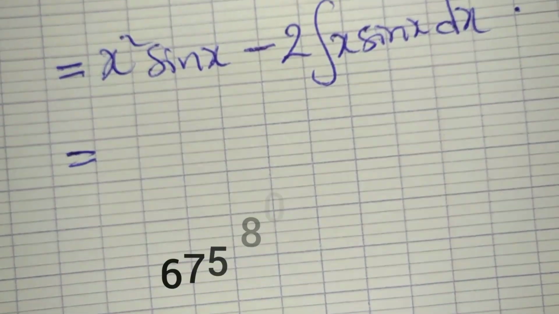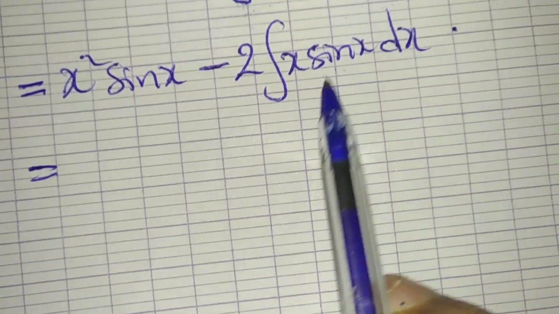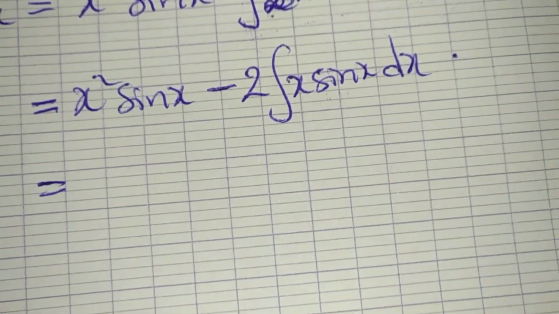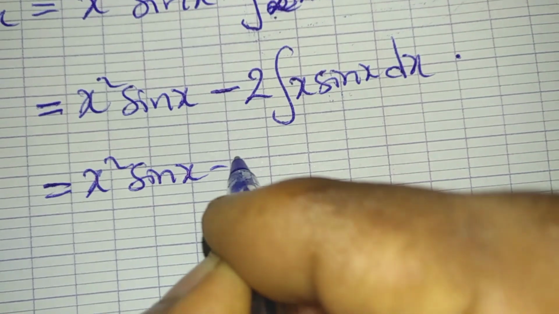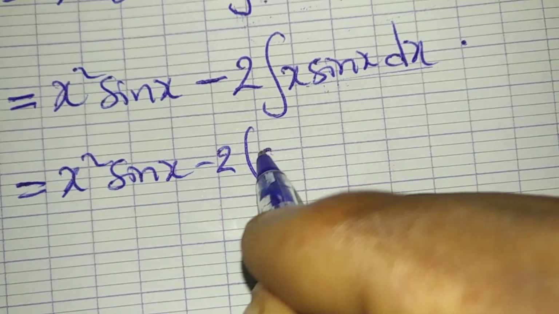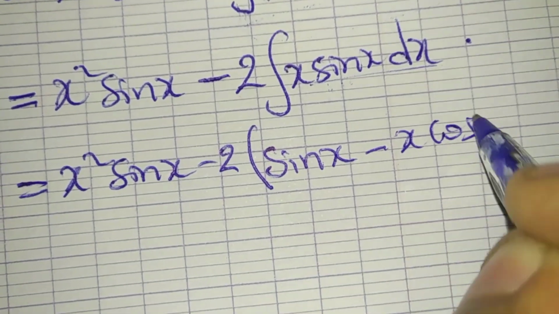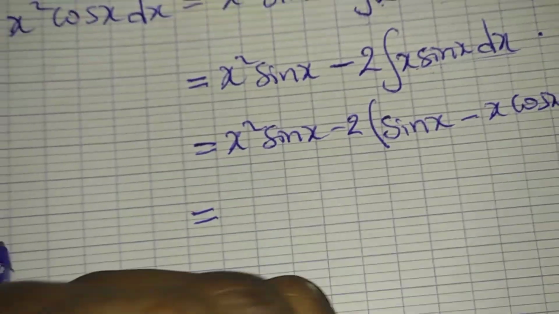Now the integral of x sine x dx with the use of integration by part is going to give us sine x minus x cos x by doing what we have been doing. So now we have x squared sine x minus 2 times, now when we integrate this, we have sine x minus x cos x, and so this is the integral.